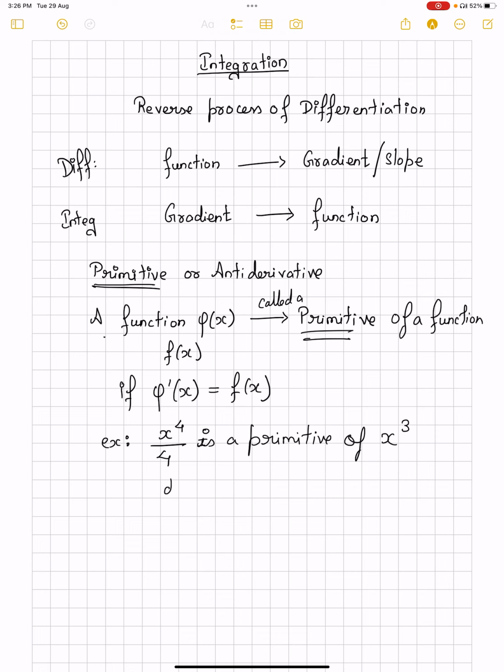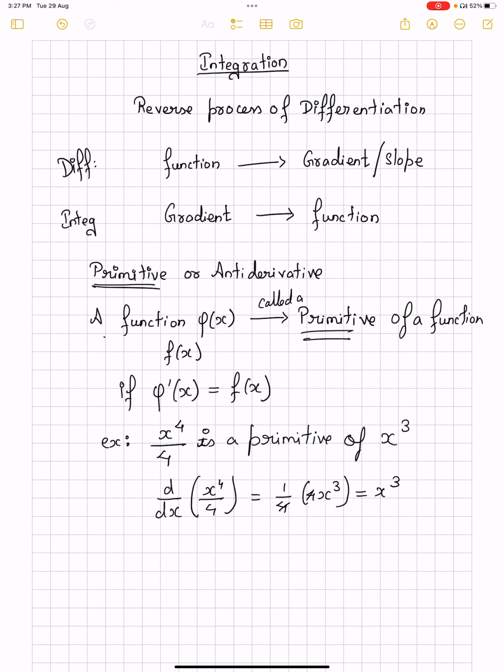When I differentiate x to the power 4 by 4, 1 by 4 is a constant, so I take it out, and x to the power 4, when I differentiate, I get 4x cubed. The 4 gets cancelled, and I get x cubed. Hope you understood why I said x to the power 4 by 4 is a primitive of x cubed.